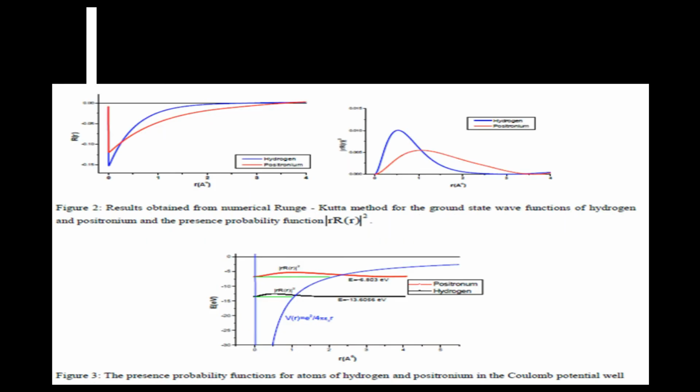So this is the result based on the Runge-Kutta method for the ground state wave function of hydrogen and positronium, and the probability function in figure 2, while figure 3 is the probability function for the atoms of hydrogen and positronium in the Coulomb potential well.